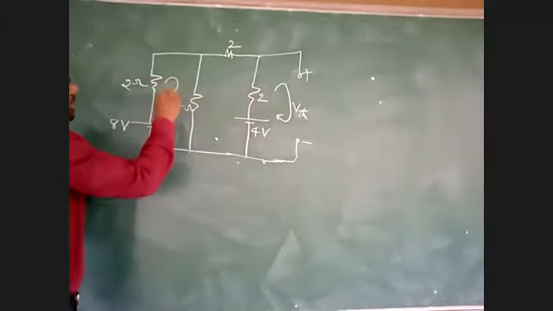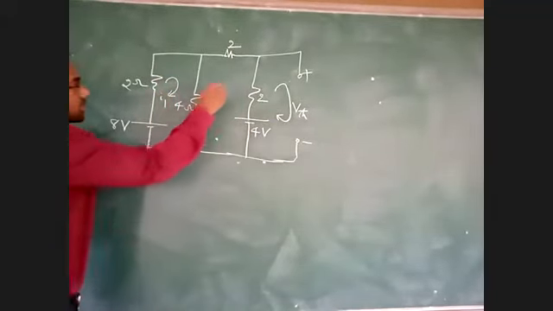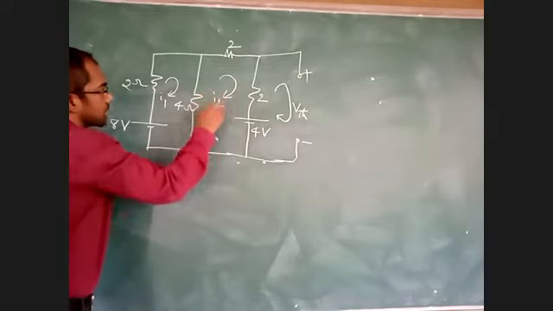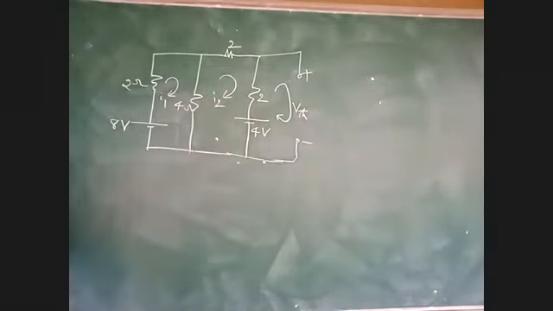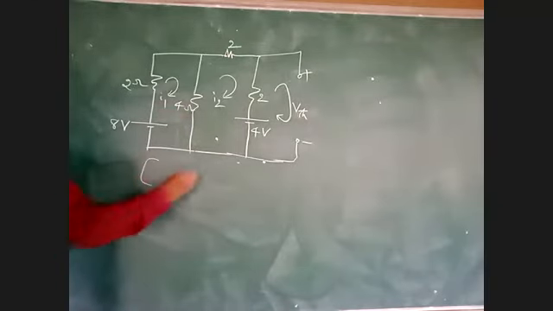I will consider any direction. Let us take I1 as the current in this loop and I2 as the current in this loop. Now write the matrix. 2 loops are there, so a 2 by 2 matrix.